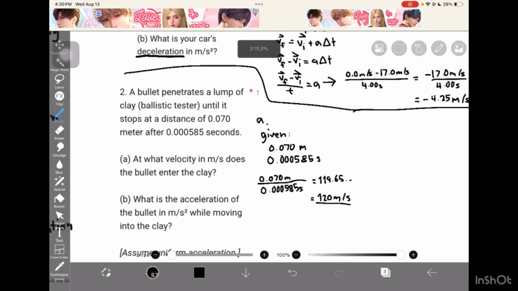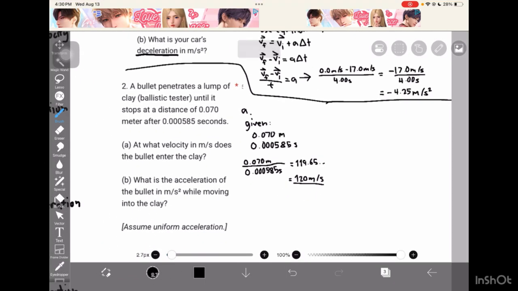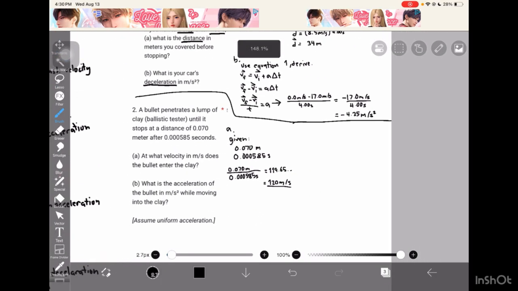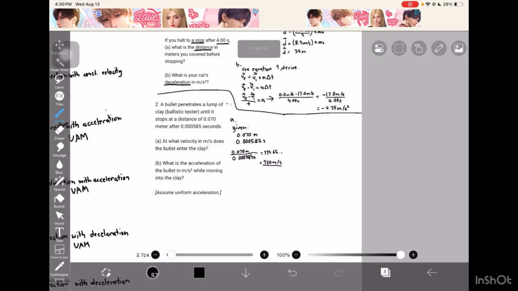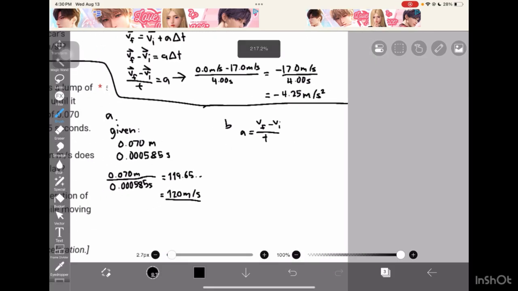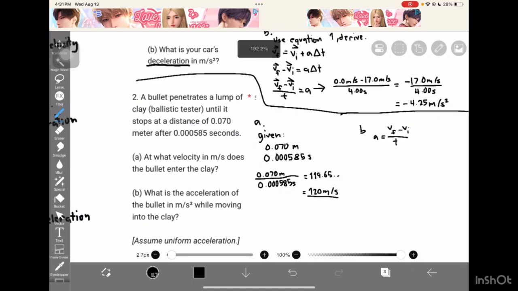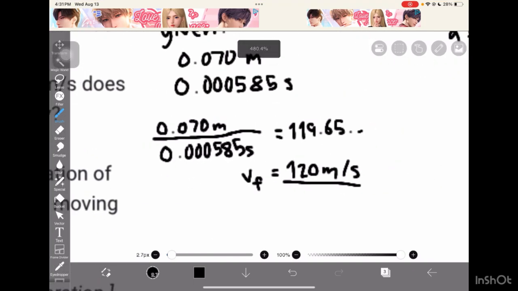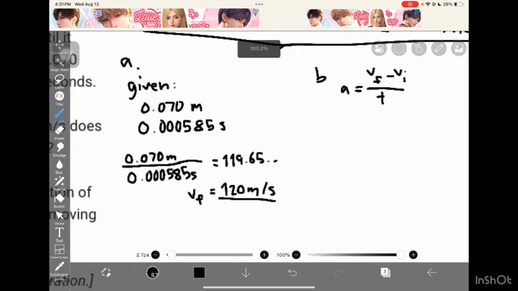Letter B. What is the acceleration of the bullet in meters per second squared while moving through the clay? So for acceleration, all right, hold on, I'll review this one. All right, so this is gonna be our v sub f, because that's our final velocity.